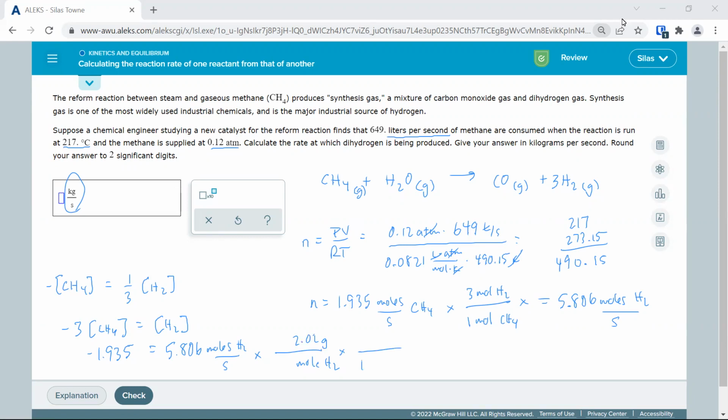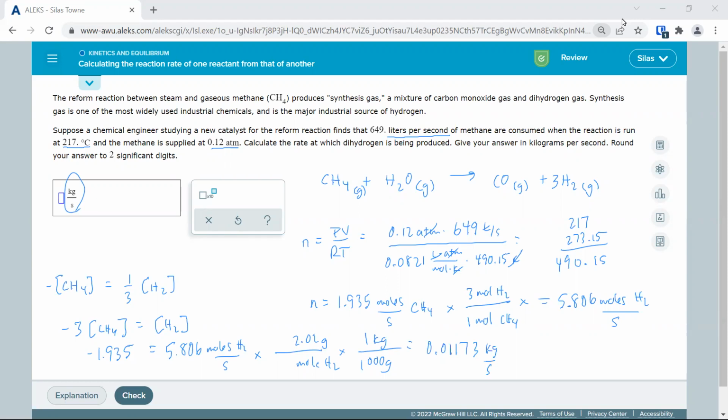And then for every 1,000 grams, there's 1 kilogram. And I get 0.01173 kilograms per second. So a decent amount of volume, likely, but a small amount of kilograms because it's gas here.